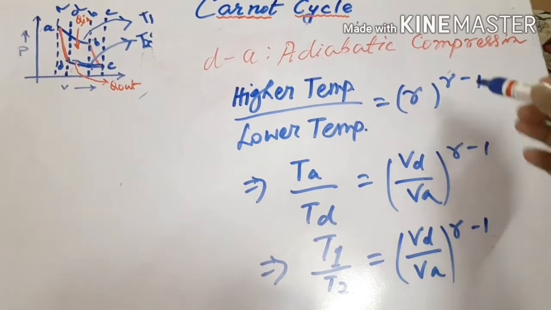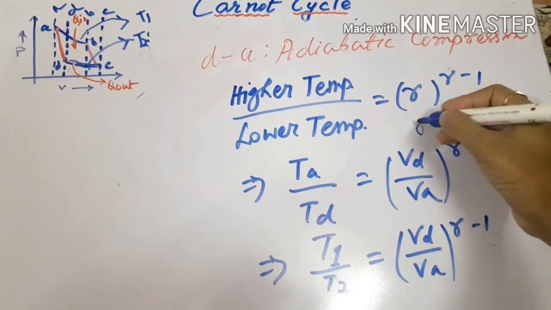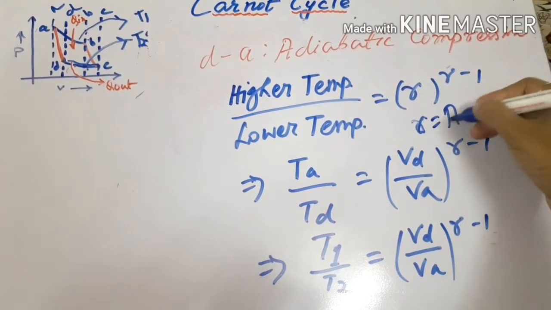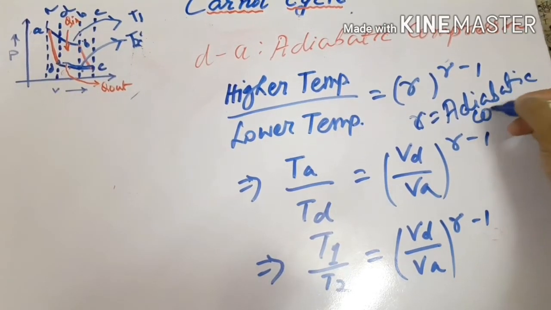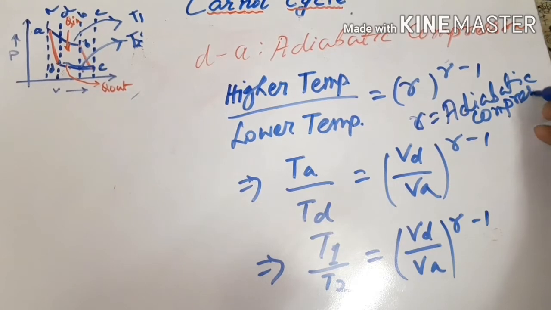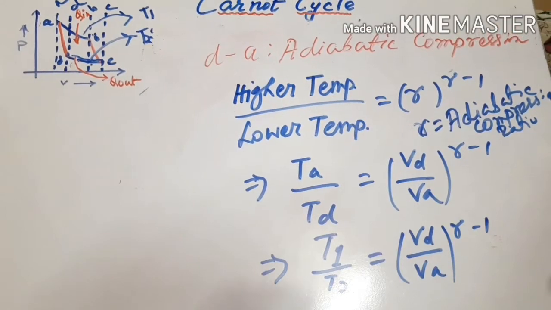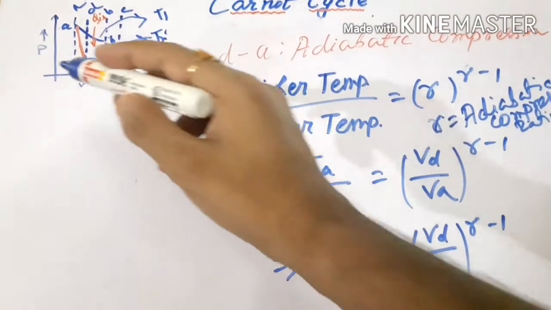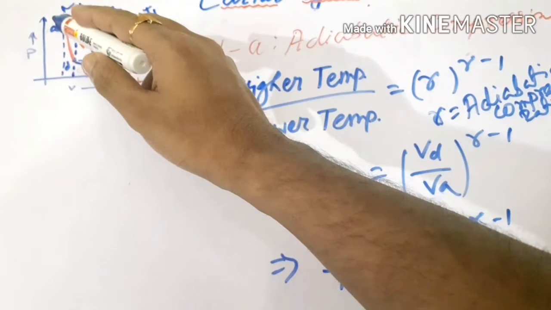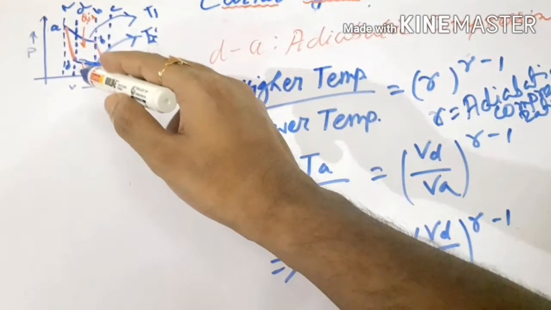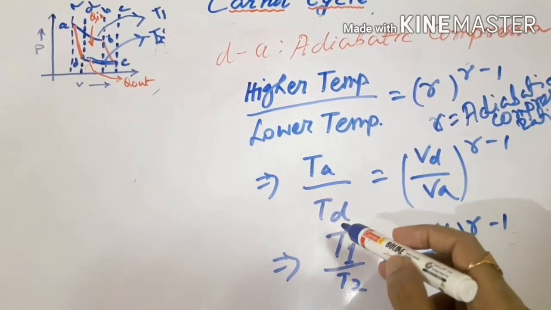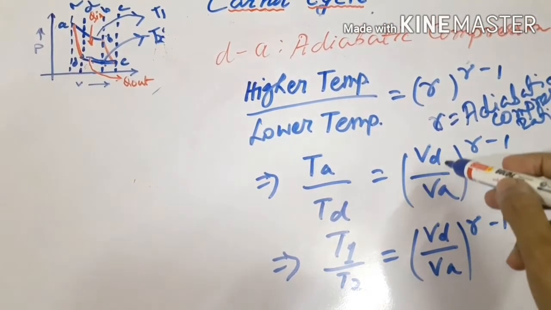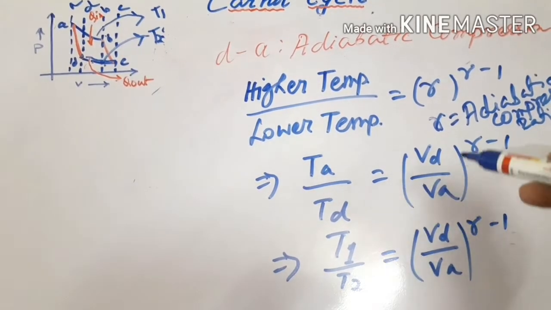Now the R is actually the adiabatic compression ratio. Okay, now you can see the higher temperature, because at state A it will attain the higher temperature, so TA is the higher temperature and TD is the lower temperature. So in this process D to A, TA by TD is equal to Vd by Va, as it is a compression process.